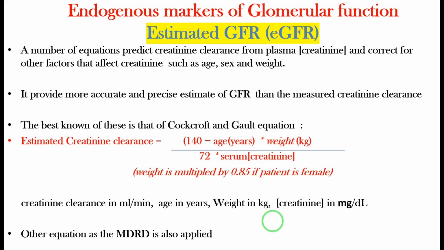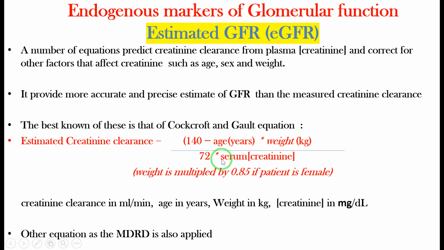So they created certain equations, and many equations in fact, and these equations will estimate the GFR and correct for these factors. For example, this is the Cockcroft and Gault equation. They estimate the clearance by applying this: 140 minus the age in years, multiplied by the weight in kg, and all divided by 72 multiplied by the serum creatinine or plasma creatinine.